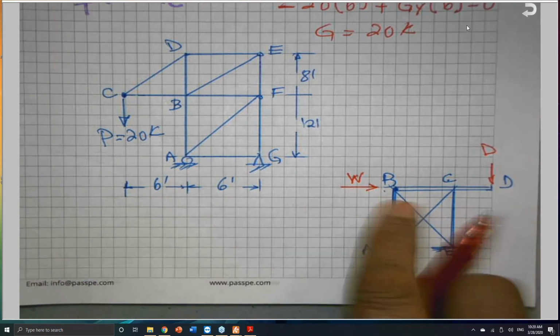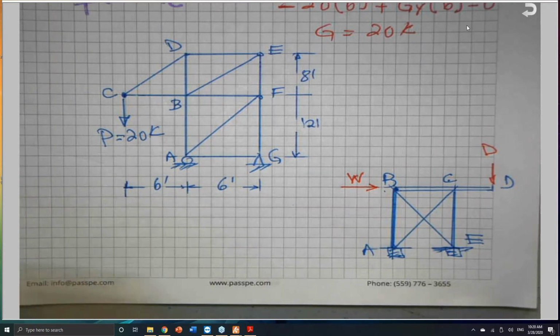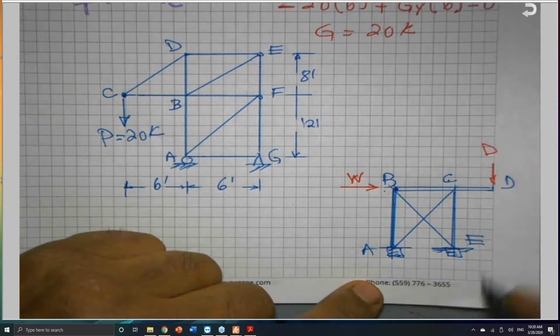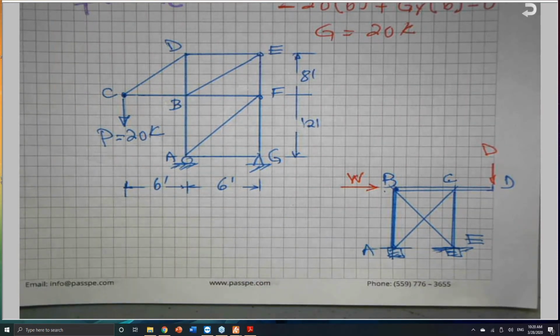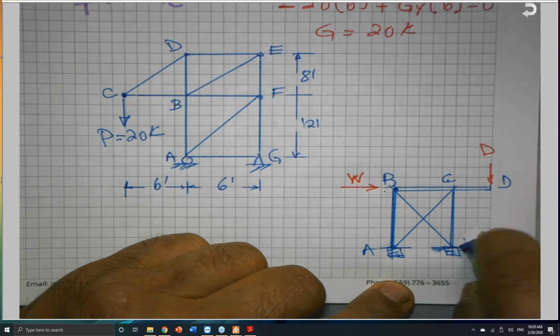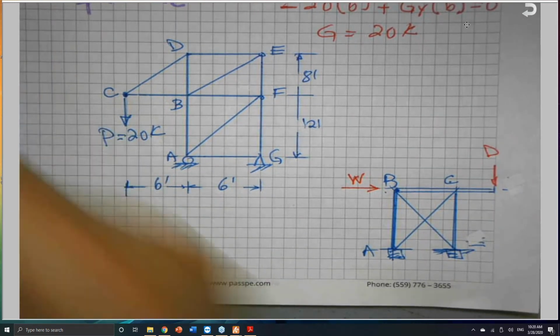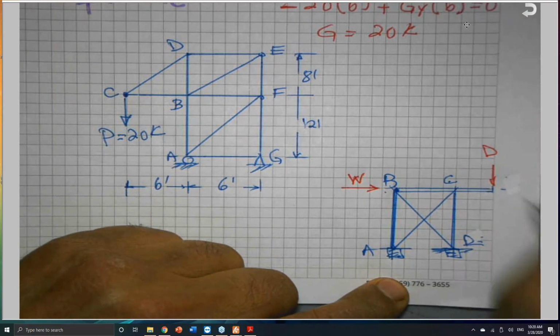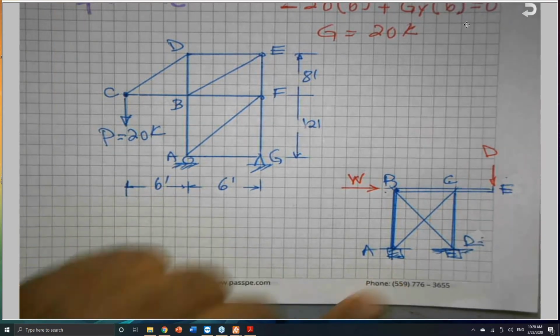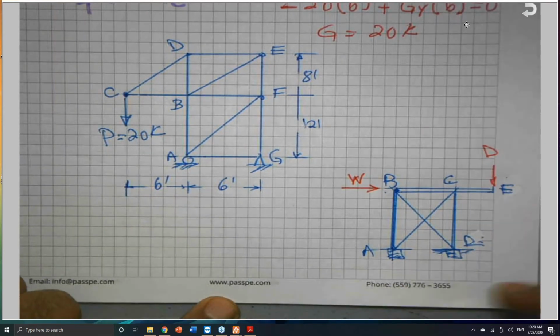What a coincidence, A, B, C, D. Okay, just change it.